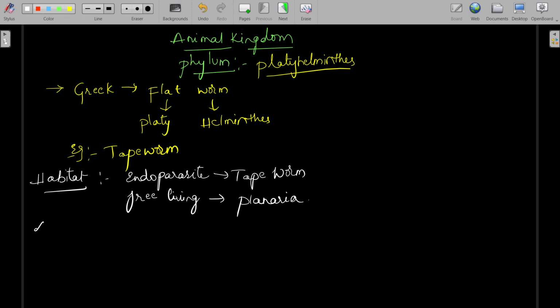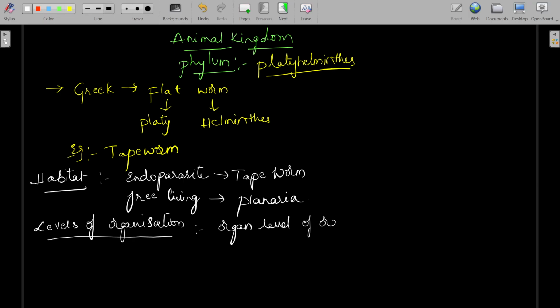Coming to the levels of organization, it shows organ level of organization. Here, tissues group into organs, and these organs function in the body of platyhelminths.